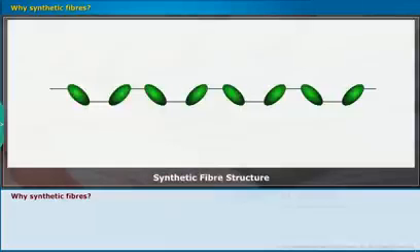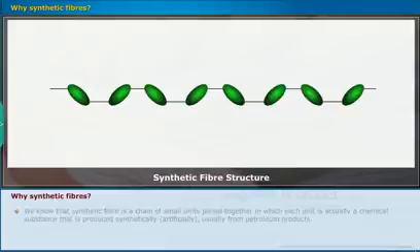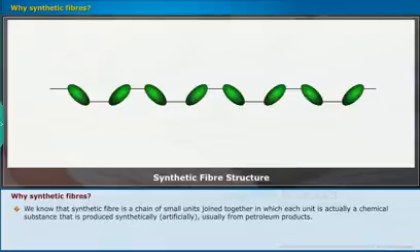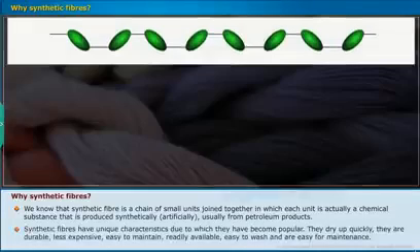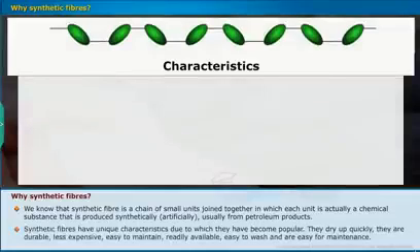Why synthetic fibers? We know that a synthetic fiber is a chain of small units joined together in which each unit is actually a chemical substance that is produced synthetically or artificially, usually from petroleum products. Synthetic fibers have unique characteristics due to which they have become popular.